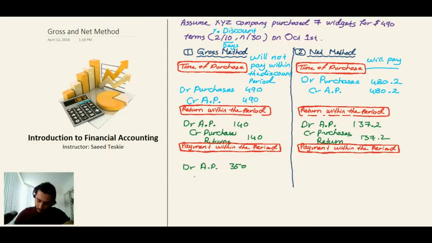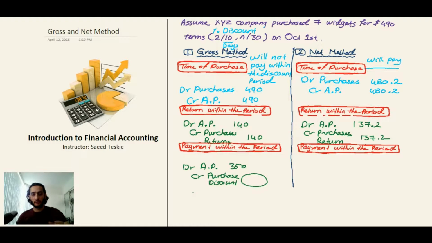Okay, we will credit purchases discount with the difference. How will I know the difference? We'll keep it for now for one minute. We still don't know what the number is here. Okay, let's continue.